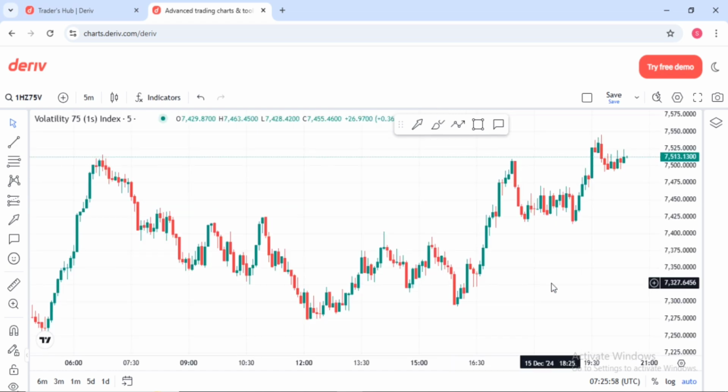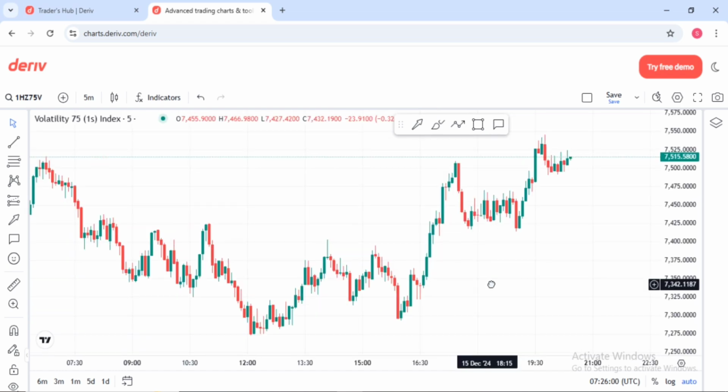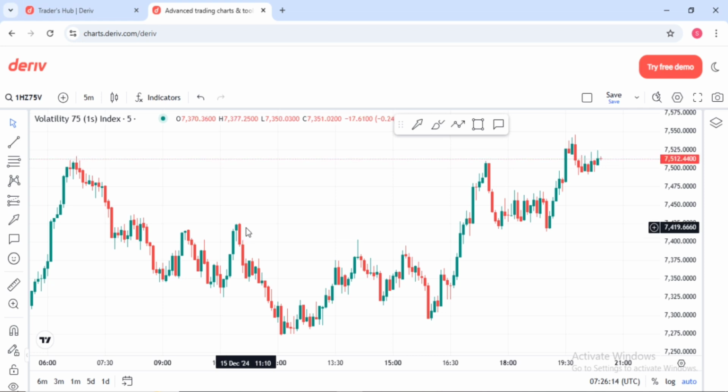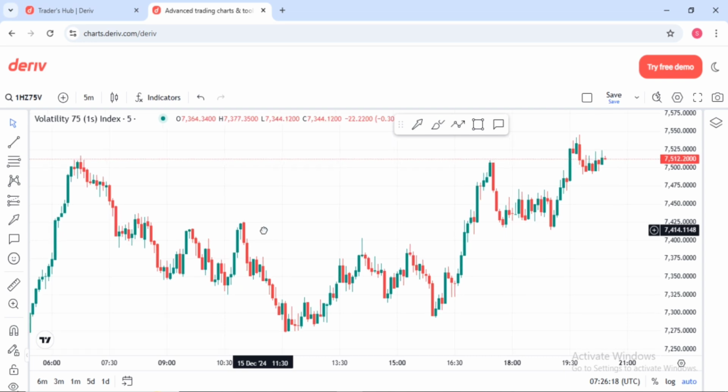I show you more examples. See, this one is an uptrend, then a green candlestick which is completely engulfed or covered by a red one. So this one is a bearish engulfing. That's also a good example.